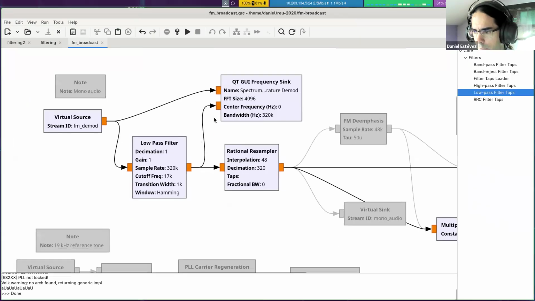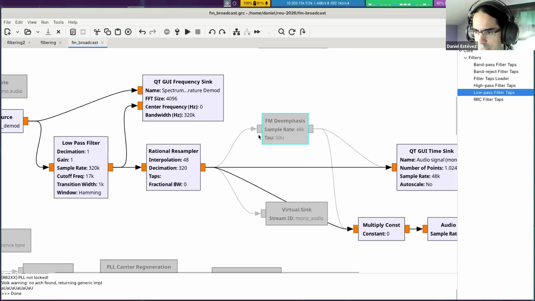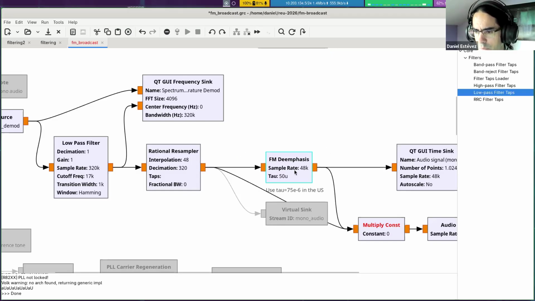But maybe something else first, because I see I have left this FM de-emphasis block. I'm not going to do a full demonstration about this block. You can play with it and compare on your own what happens if you leave it out of the way, like here, versus what happens if you include it, as I'm going to do right now.